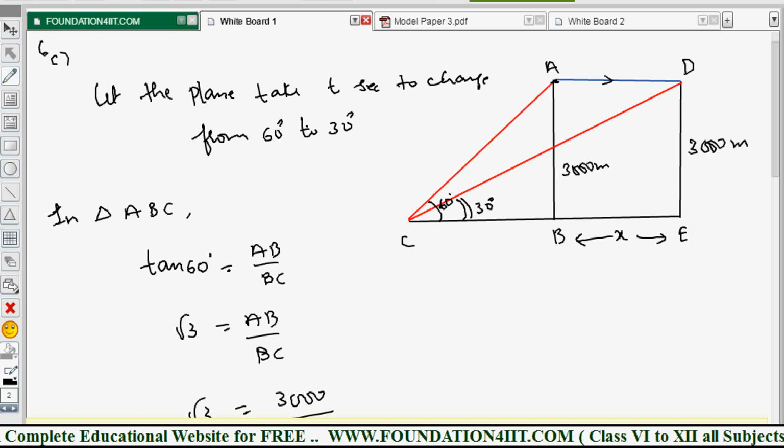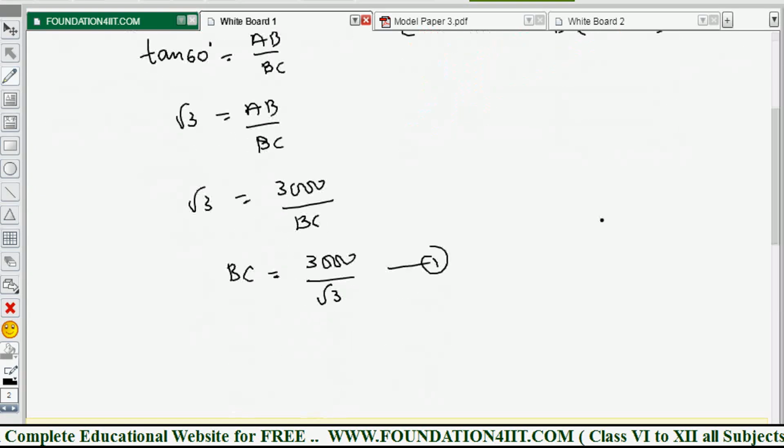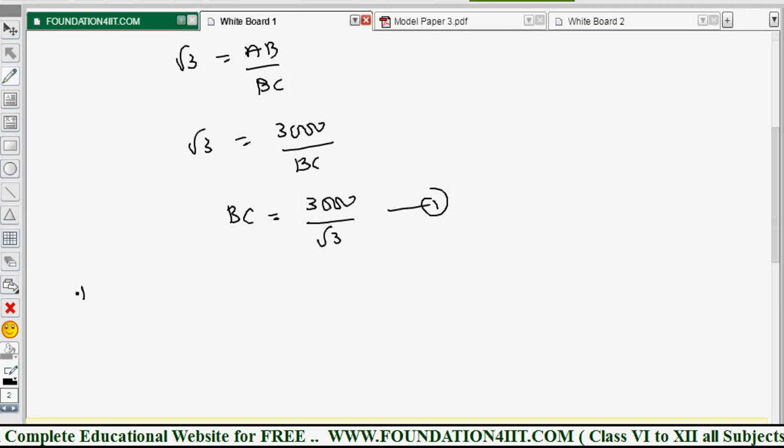And next from triangle DCE, we'll find the total of this. Now in triangle CD, from this tan 30, because 30 degrees, opposite by adjacent. Opposite is the DE and adjacent is CE.